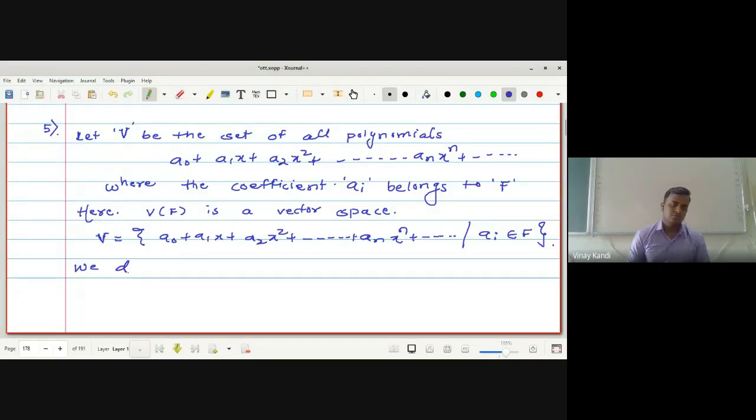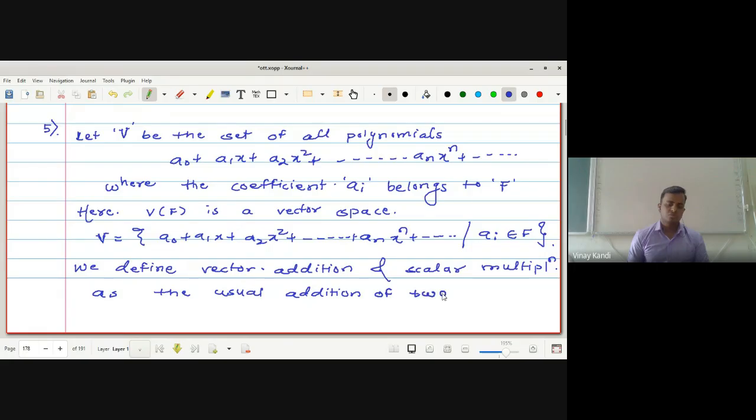We define the vector addition and scalar multiplication as the usual addition of two polynomials, and multiplication of a polynomial by a scalar.